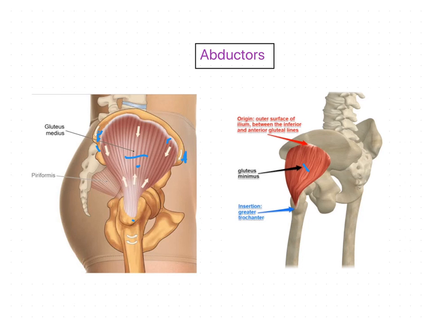The anterior fibers are active in hip flexion and medial rotation, whereas the posterior fibers are active during extension and lateral rotation. The remaining portions of the muscle help in abduction.